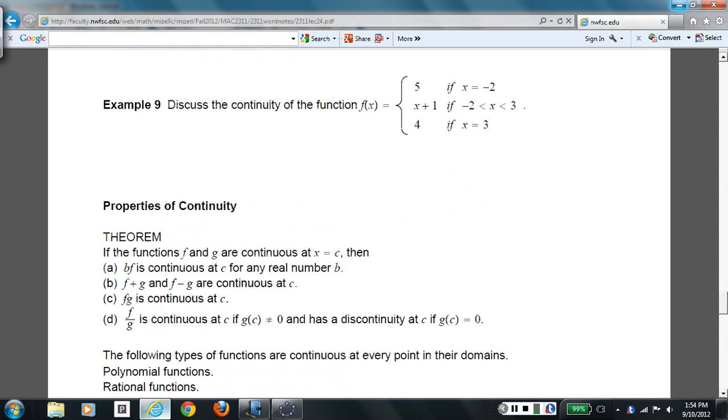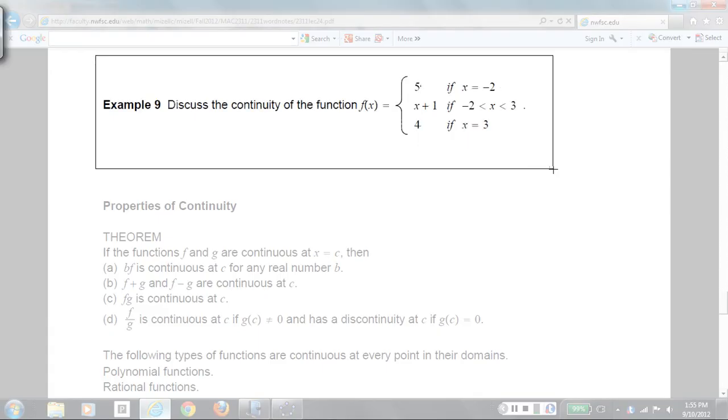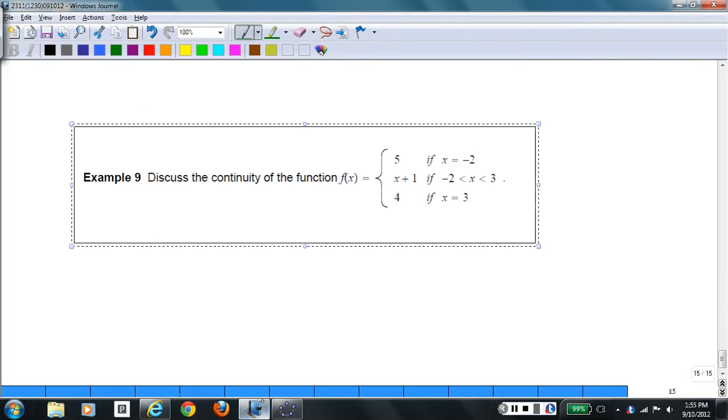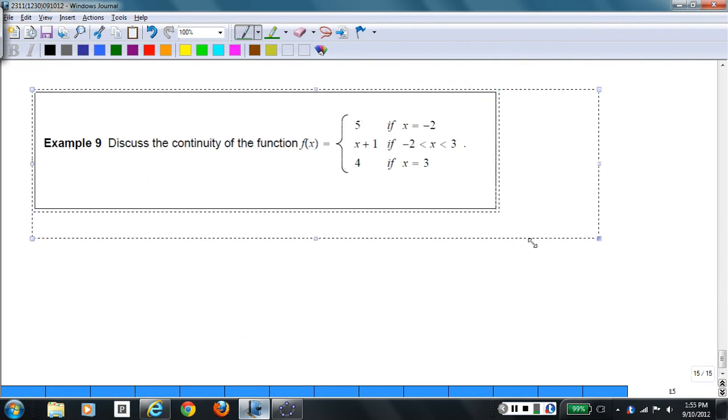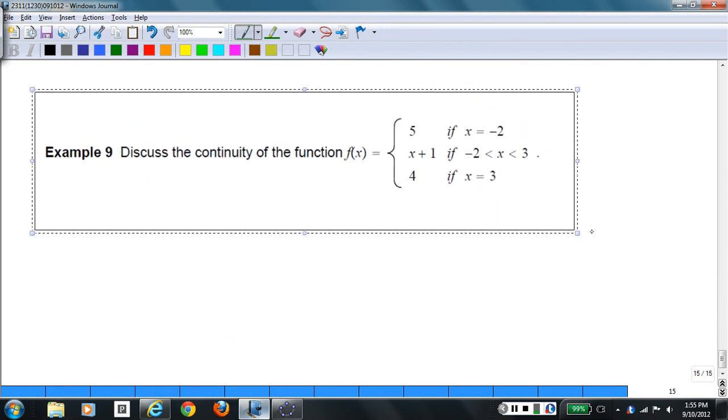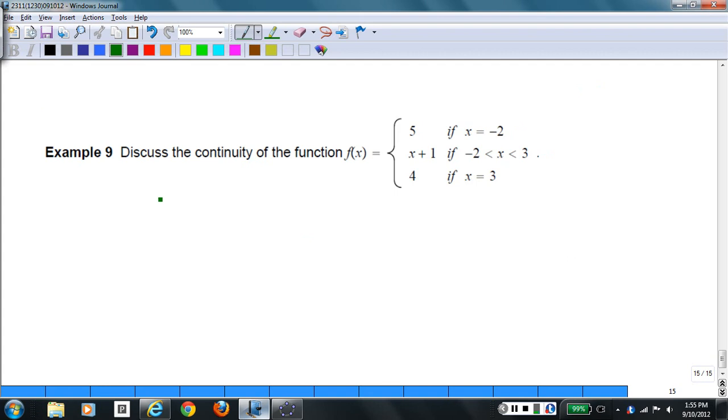Example 9. I think I'd like to draw this picture, and just see if we can inspect the graph and get it. The graph of y equals x plus 1 is not too tough, but I just want the portion of the graph in between -2 and 3. How high does it go?